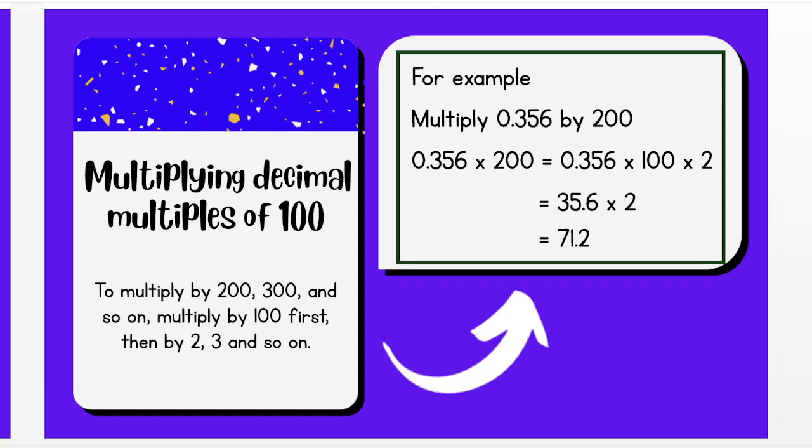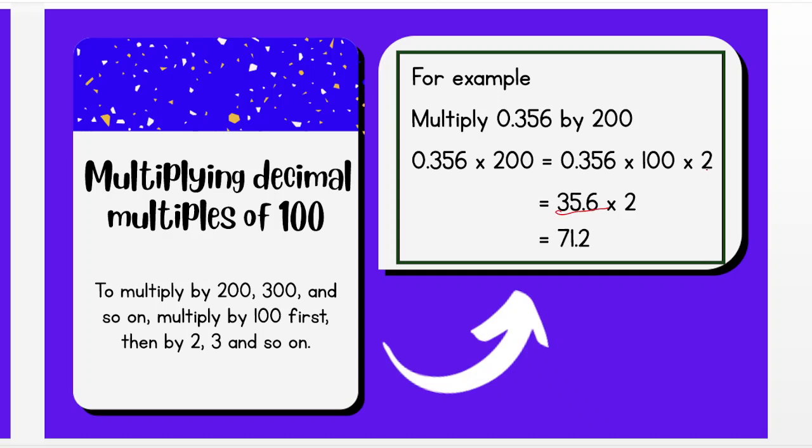So 0.356 by 200, all right, 0.356 by 200. What we're going to do first is to move the decimal point 2 places to the right, and that is going to give us 35.6. That's what we have here.